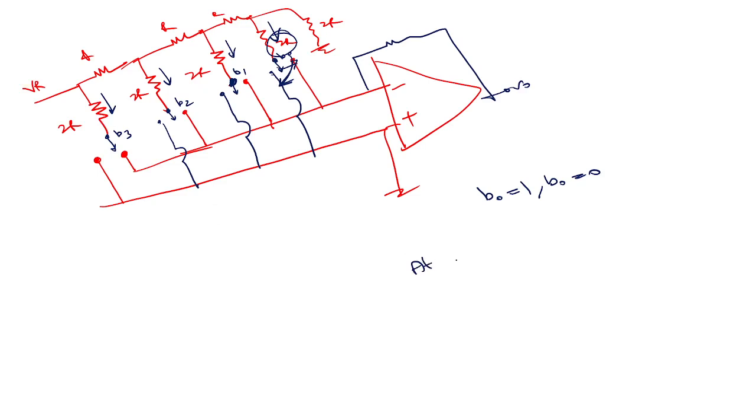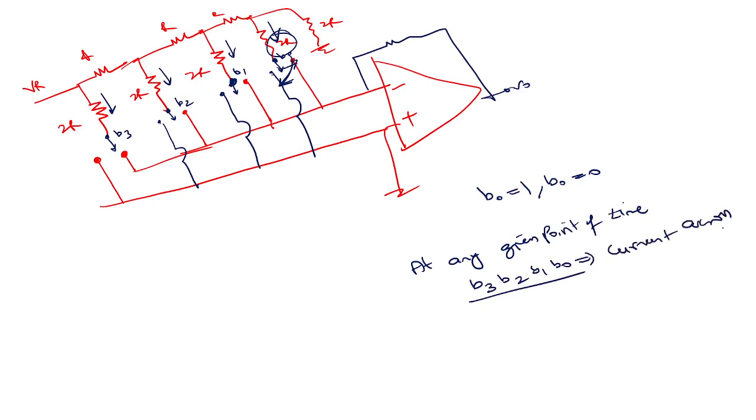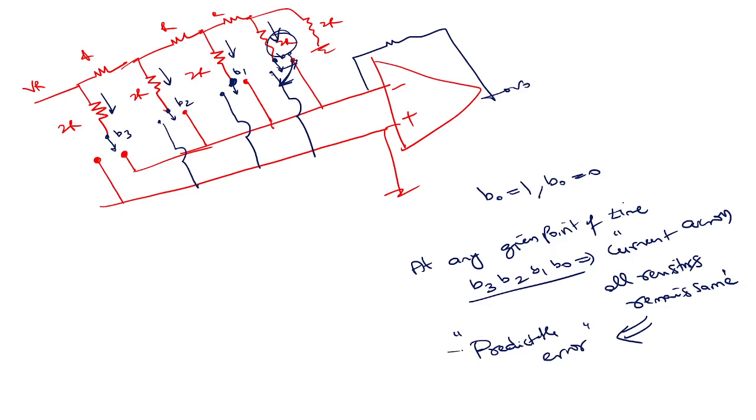Whatever may be the value of B3, B2, B1, B0, the current across all resistors remains the same. Because of this, there will be a predictable error that we can achieve. Because of this, linearity can be established.